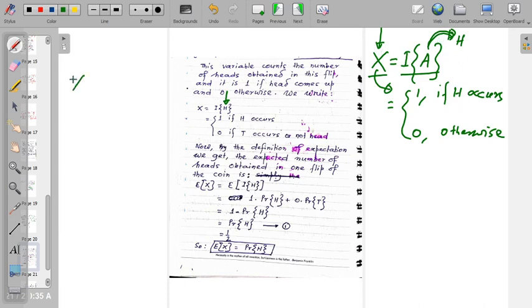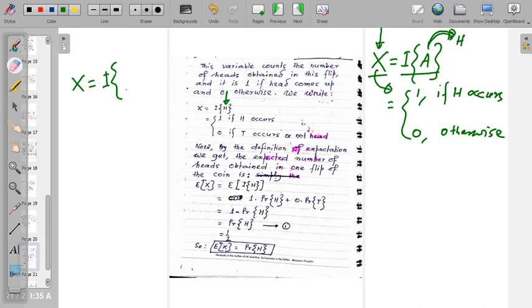X is the random variable, the indicator random variable associated with this event. If event A may be H, maybe you are looking for tail also, at that time it will be tail, whatever.